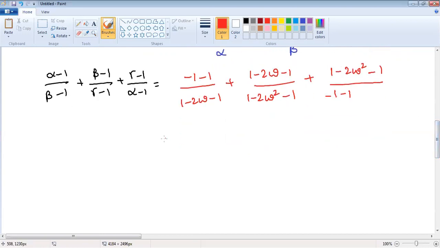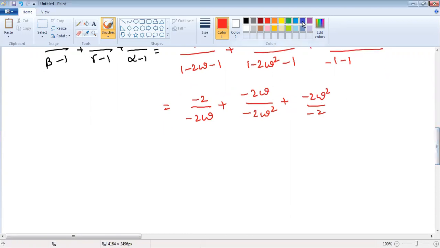Now here, minus 2 divided by minus 2 omega, plus minus 2 omega divided by minus 2 omega square, then minus 2 omega square divided by minus 2.